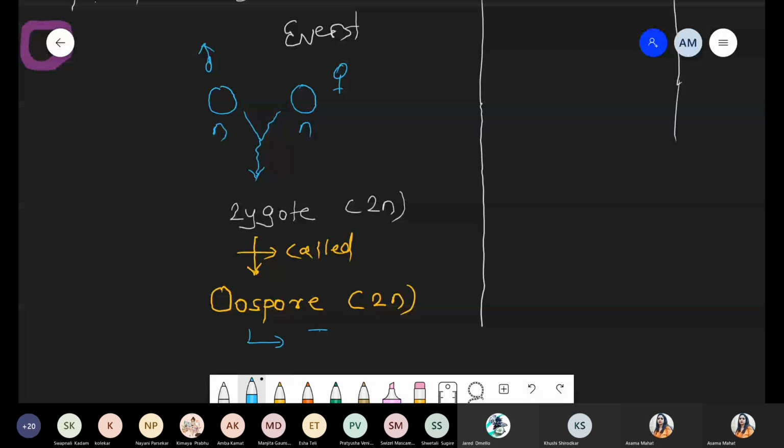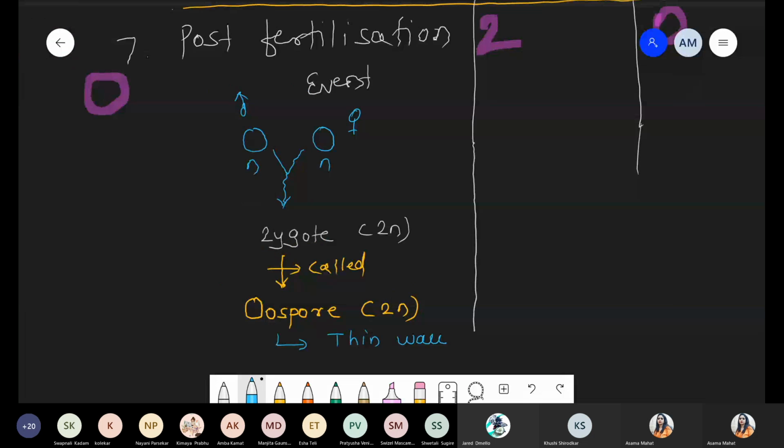Under the Oomycetes, for the zygote specifically, we use the word oospore. Please don't get confused between the oosphere and the oospore. Oosphere means we are talking about the egg, वो एक के बारे में रिप्रेजेंट करता है, right? Oosphere is haploid in nature. Here we are talking about the presence of the oospore, which is diploid in nature.